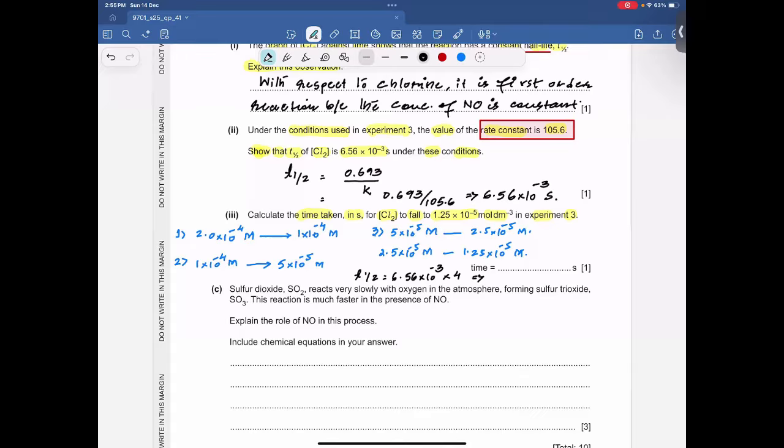So it's going to be 0.02624. And that's the answer, guys. I hope it makes sense to you.